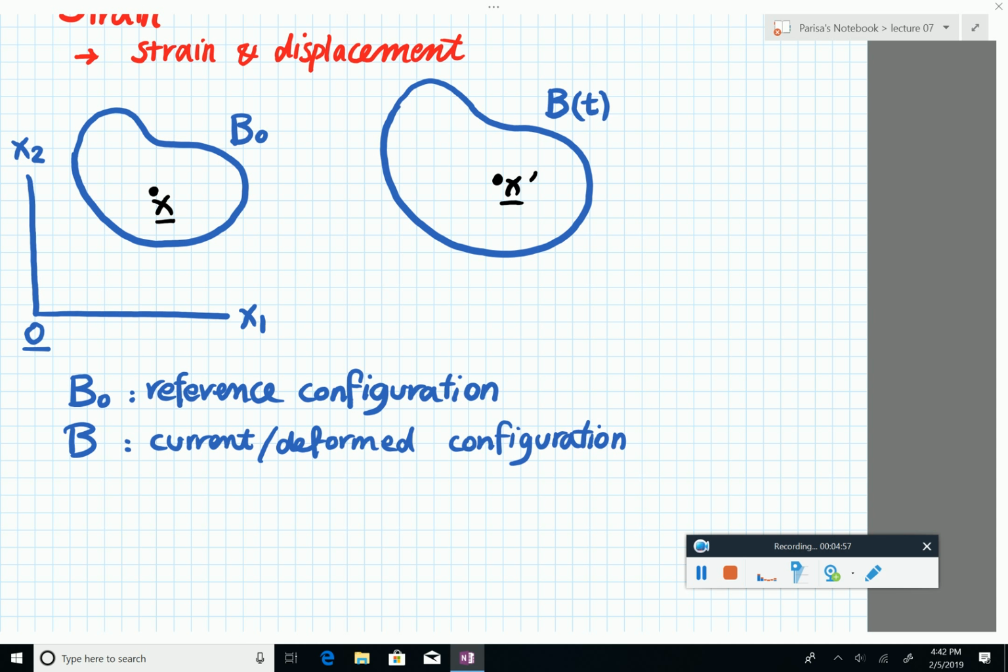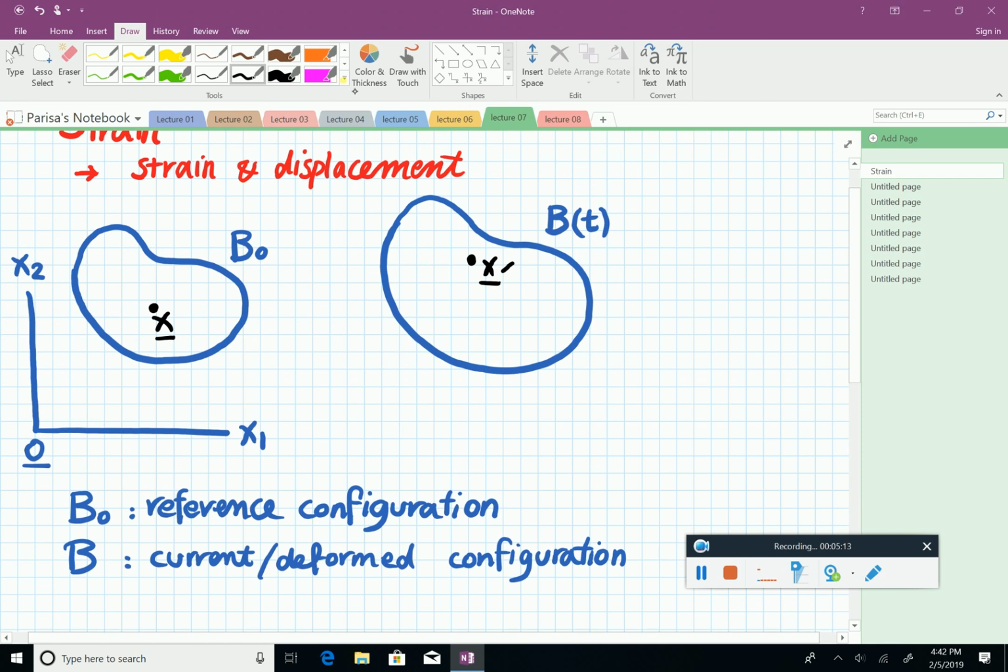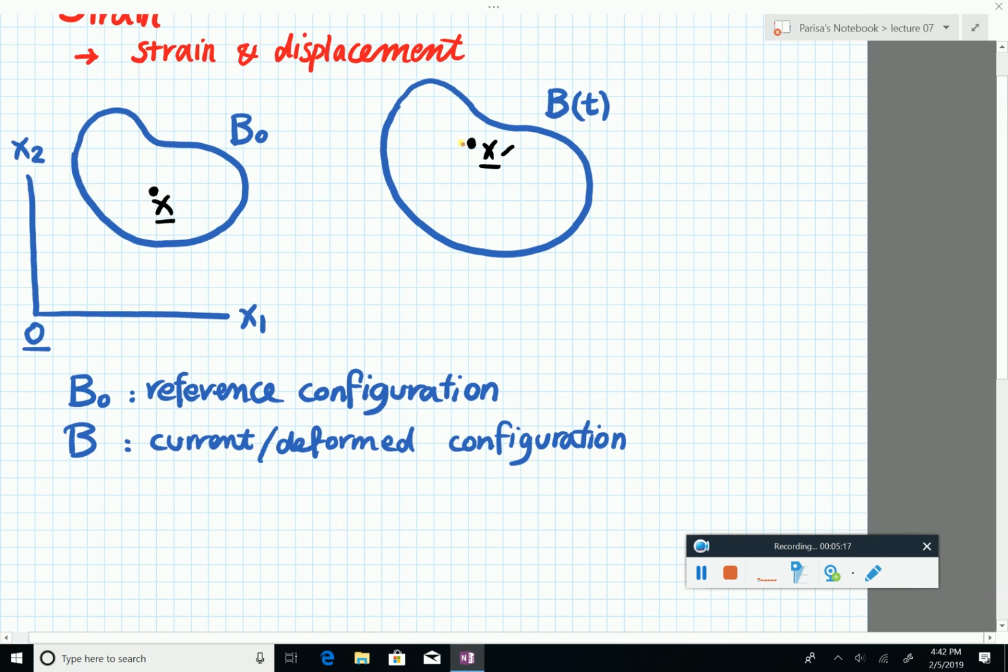So that's the same particle, but it has been moving. I should change the position of this because I don't want to imply that the displacement vector is horizontal. You guys know, we talked about vectors before, so this is the displacement vector, right?